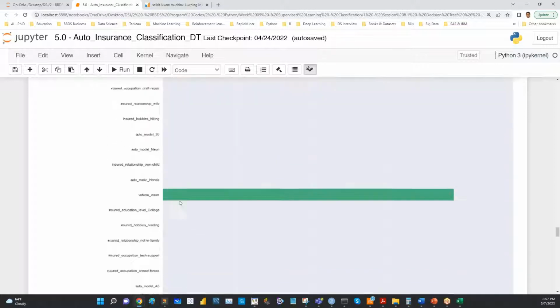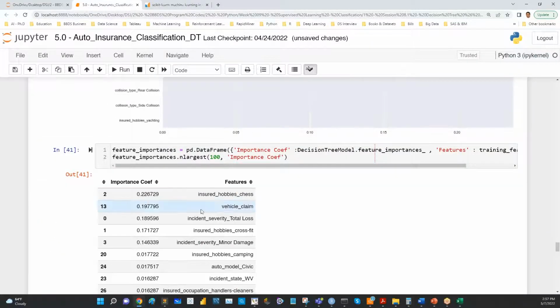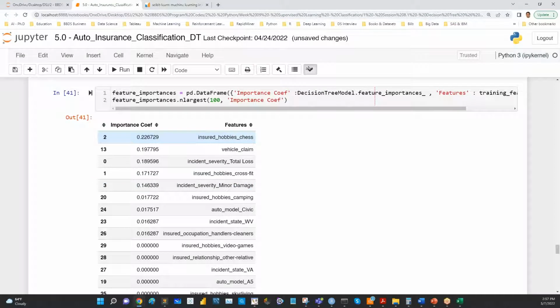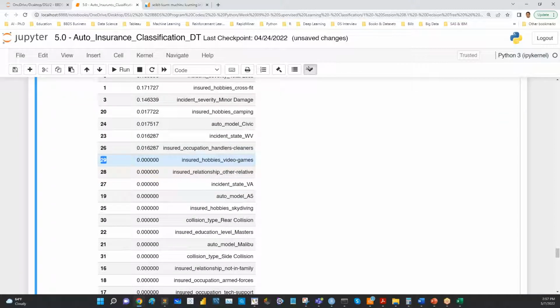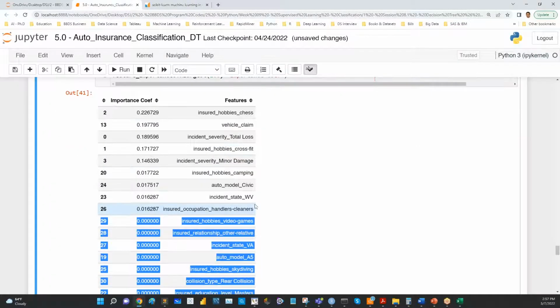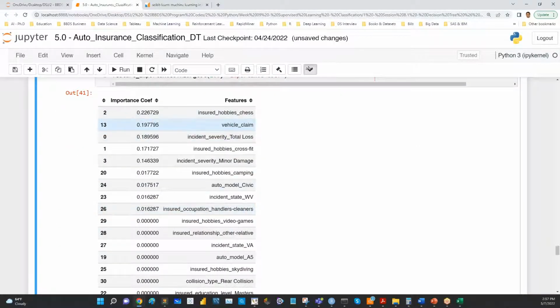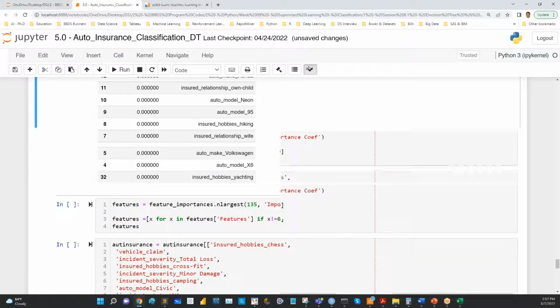So let's sort them in descending order. We got incident hobbies as the top predictor, followed by vehicle claim, and we got a lot of zeros. So we could build a model using only 1, 2, 3, 4, 5, 6, 7, 8, and 10, so 10 features, and we are going to exclude everything else.